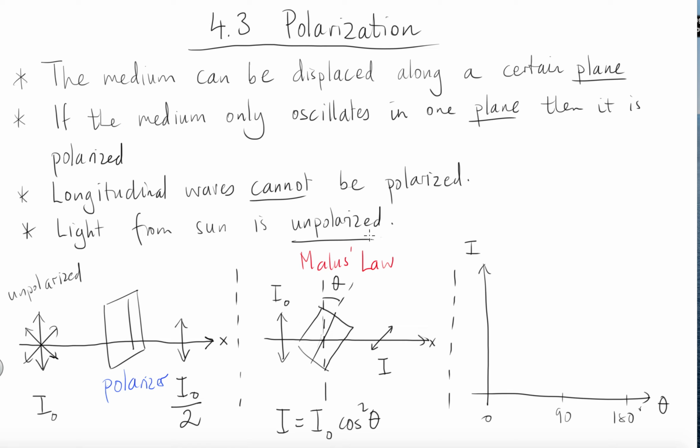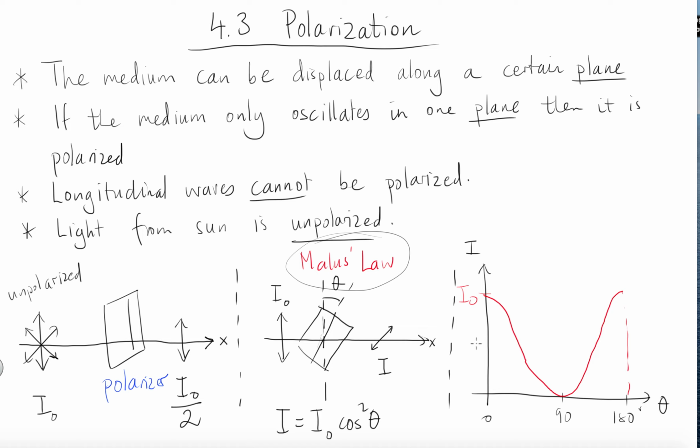This is what we call Malus's law. And if we were to plot intensity transmitted against angle, the cosine squared graph would look like this. It has a minimum at 90 degrees and a maximum at 0 and 180.